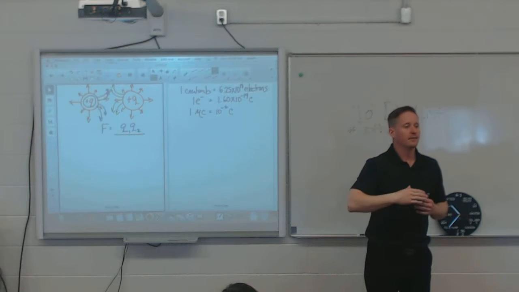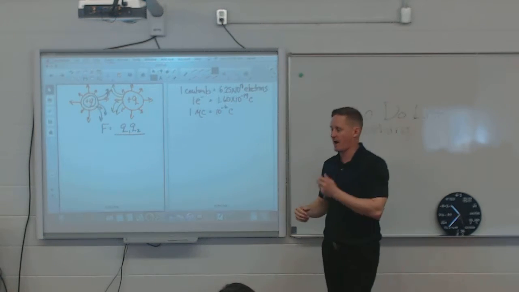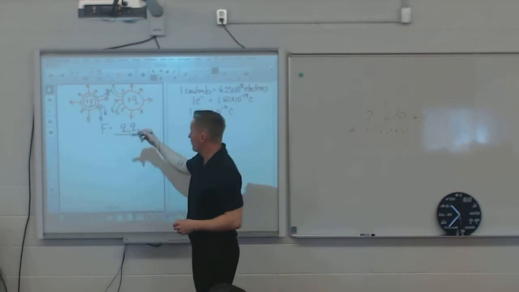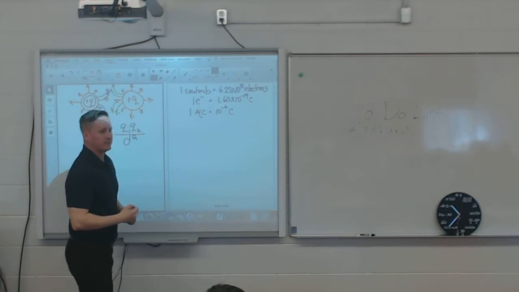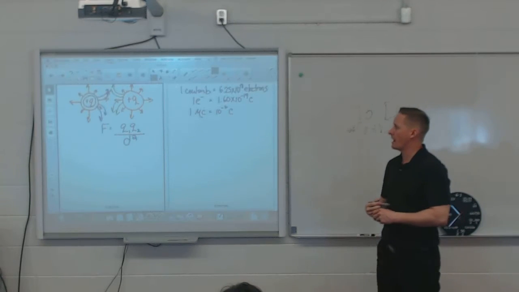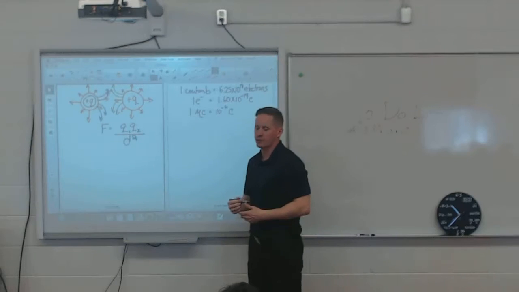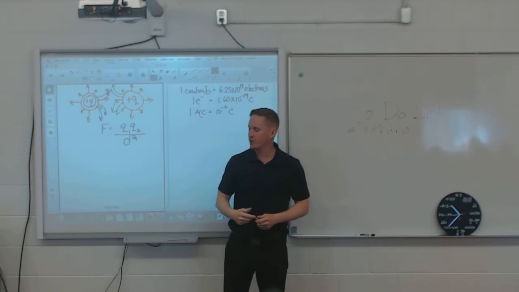The further I get away from it, the less gravity is going to affect it. Same thing occurs here. So it's actually by a distance squared. So the further you get away, the less force you're going to have. The closer you get to the object, the more force you're going to have.